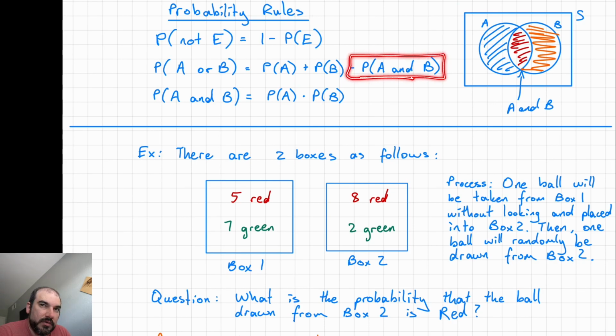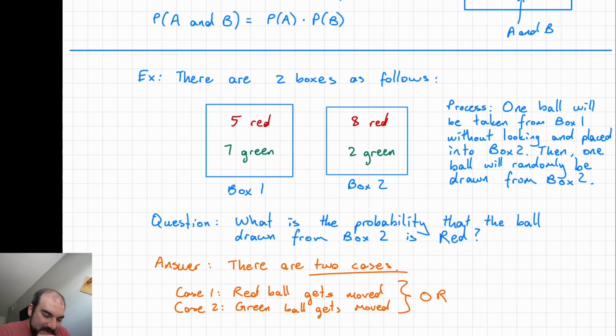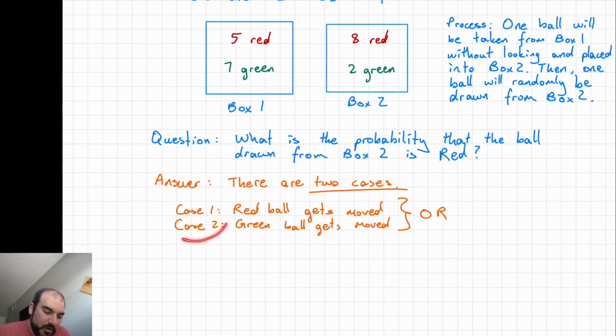Can anyone tell me why we don't have to worry about this last part? Because what if there's an overlap in the two cases? Then we'd have to subtract that overlap, right? Why am I saying we don't have to worry about the overlap?